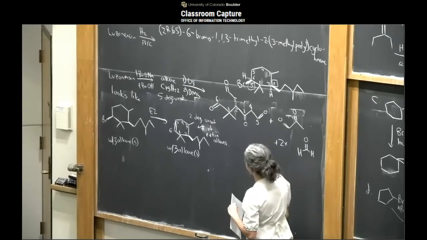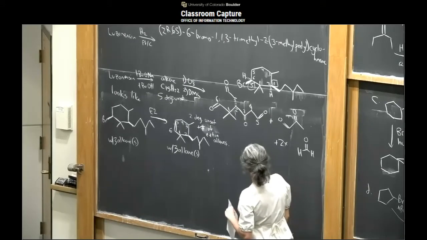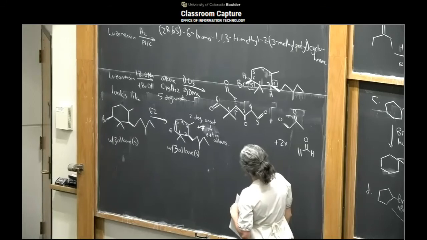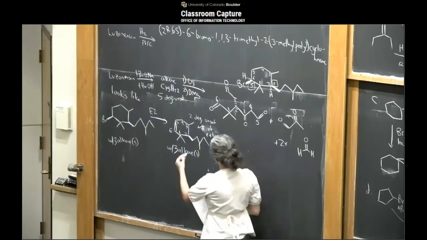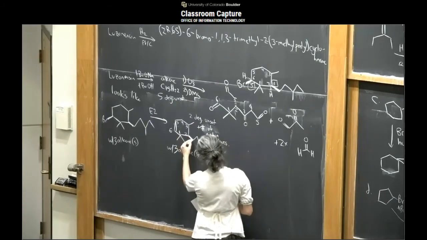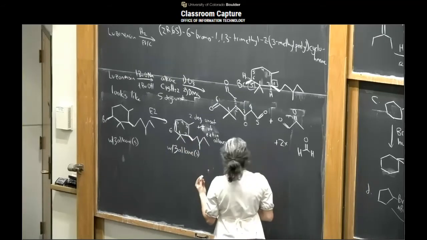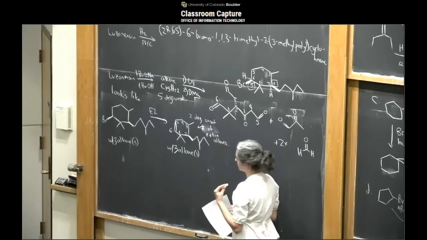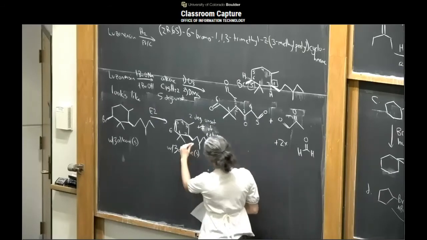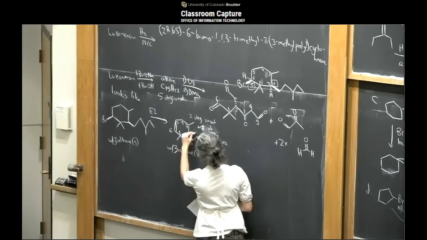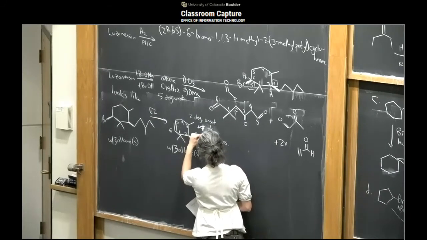Now we can figure out all the other chunks that are attached to it. We don't have much of this group left. If I want to start throwing numbers on the side groups, I could call them 7, 8, 9, 10, 11.